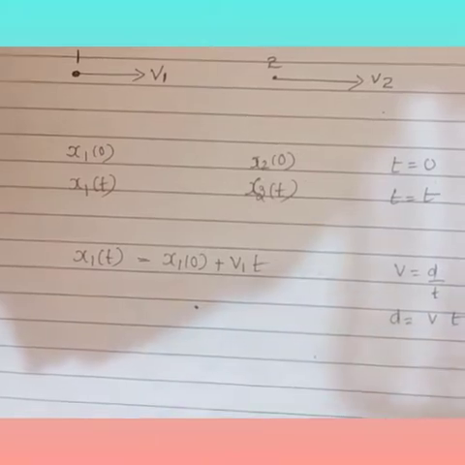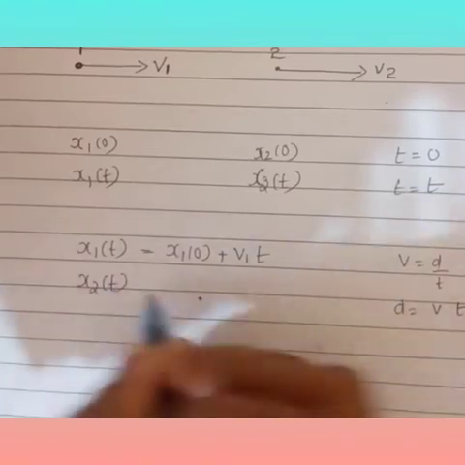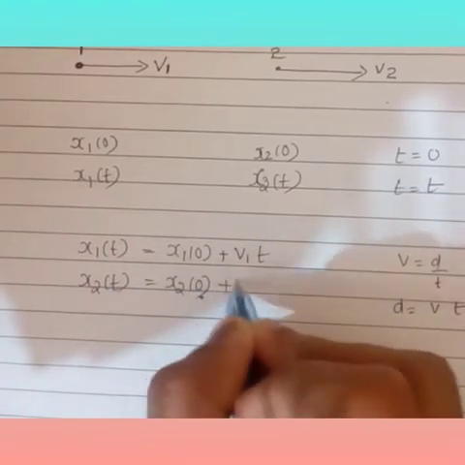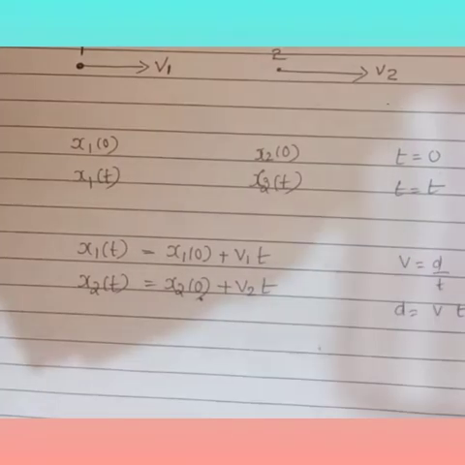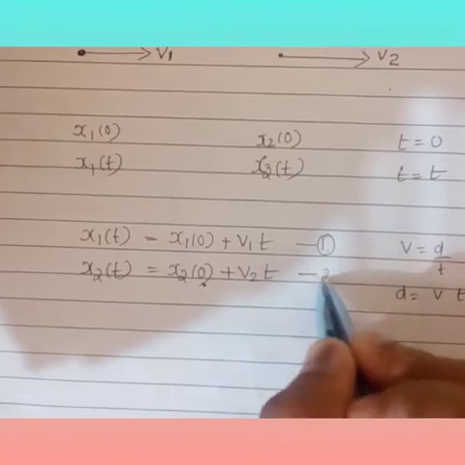What about the second object? It becomes x2 t is equal to x2 0 plus v2 t. This is equation 1 and this is equation 2.